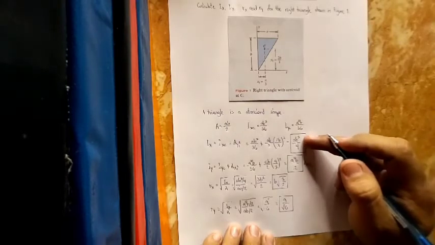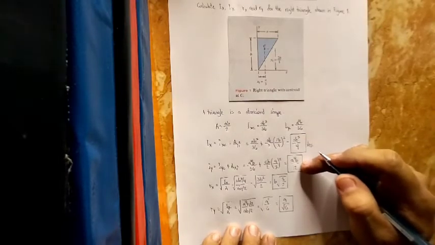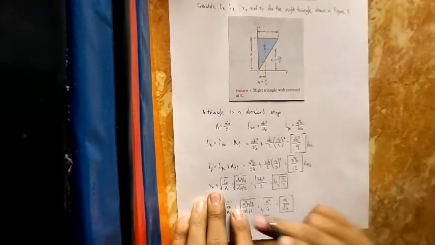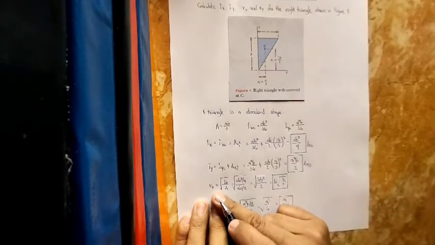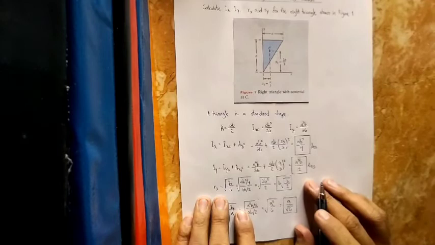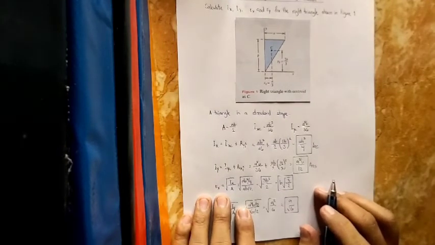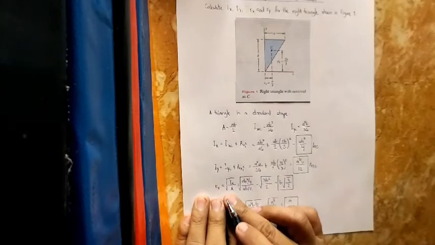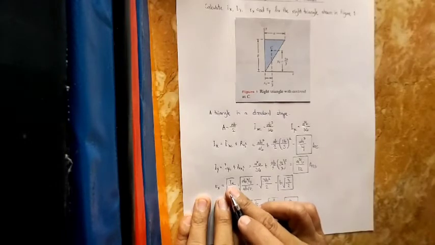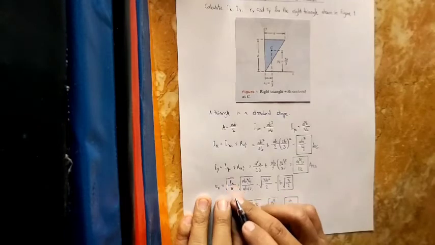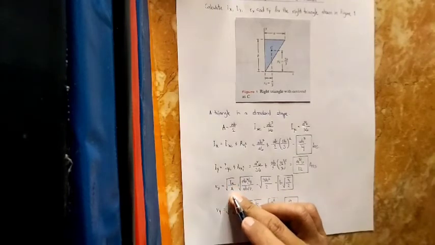Ang result natin dito na na-compute natin ay kailangan natin gamitin para makuha natin yung radii of gyration. The equation of radii of gyration about the x-axis is equals to square root of moment of inertia about the x-axis over the area.